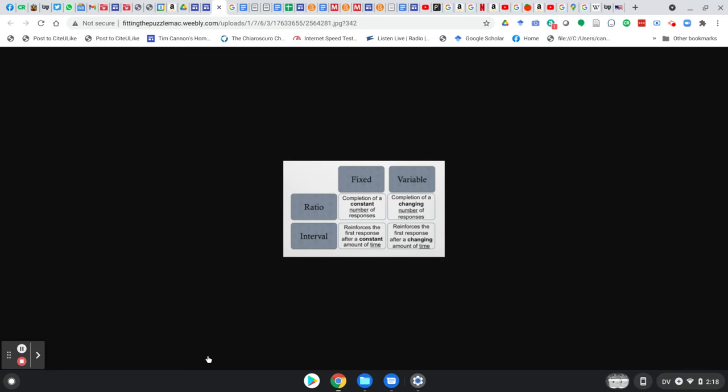Now, unfortunately, they put the fixed interval down here. So it's an interval schedule. It's fixed. Reinforces the first response after a constant amount of time. And what was the first partial reinforcement schedule? FI 1, fixed interval 1.